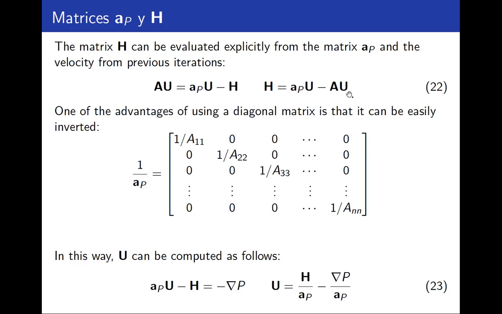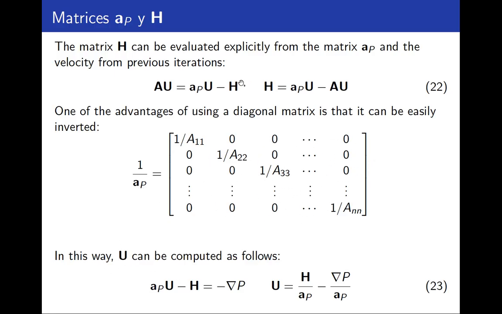So we will explain this in more detail. All these ideas will come together in a few slides. And one of the advantages of using a diagonal matrix as AP is that this matrix can be easily inverted. So that means that the inverse of this matrix AP can be expressed as this matrix.